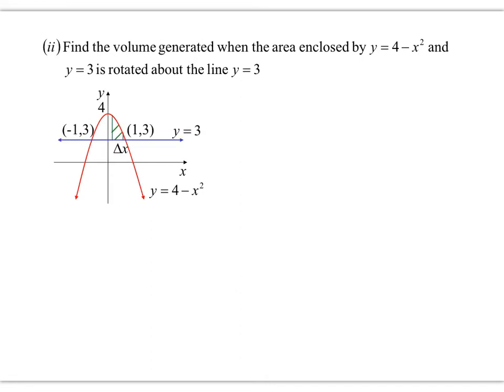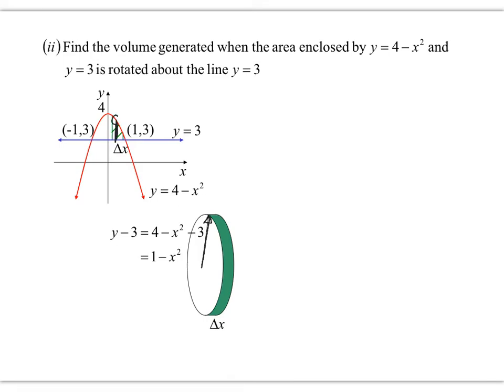Going perpendicular to the axis of rotation, so it's going to be vertical. So draw a thin strip in the vertical direction. Draw yourself your disc. Now this particular radius is not just going to be the x or the y value, as we've seen in the previous example. This radius is going to be that vertical distance there.